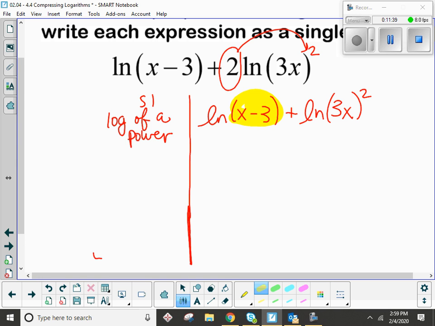It's this one and this one. We're going to multiply those and write it as one single log. So this is step 2, log of a what? Which property am I using that says I can rewrite addition as multiplication? What's it called? Log of a product. Product meaning multiply.